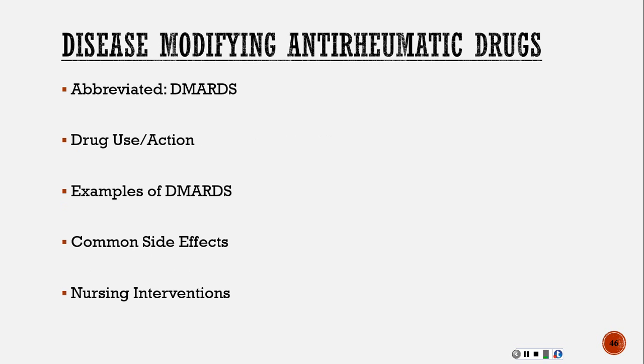Okay. Next, we've got disease-modifying anti-rheumatic drugs, also known as the DMARDs. They're used to treat rheumatoid arthritis. The basis of the effects are unknown, but they're used to suppress antigens that trigger hypersensitivity reactions. Kind of fall into two different categories. Some are antimicrobial, some are anti-inflammatory.